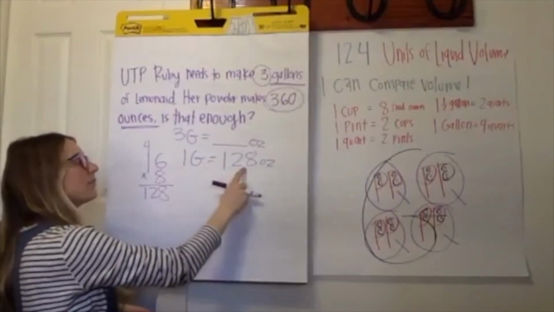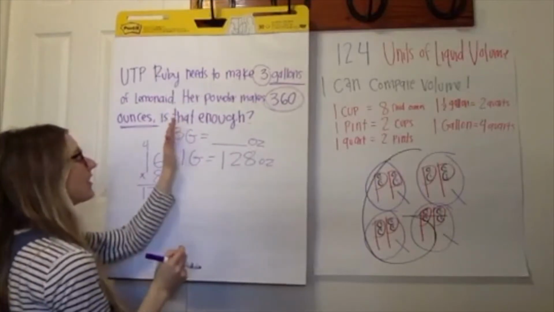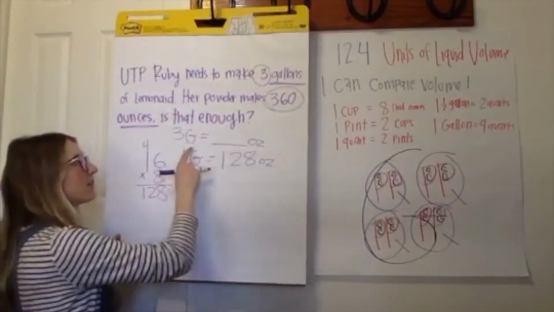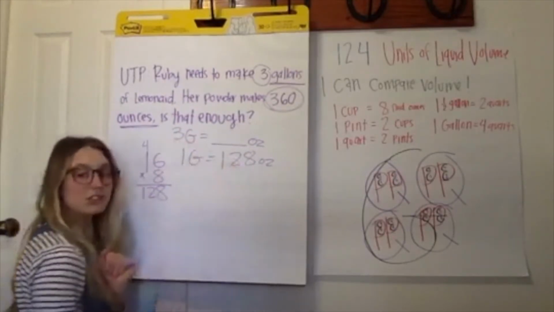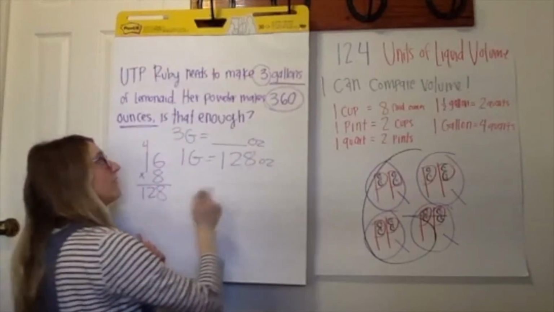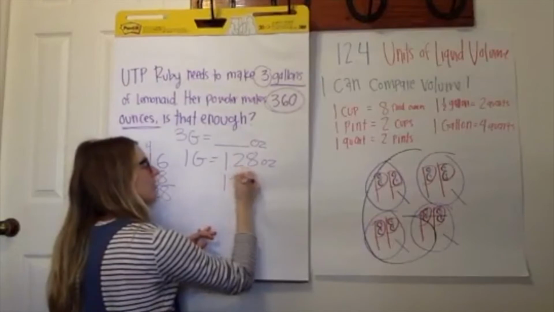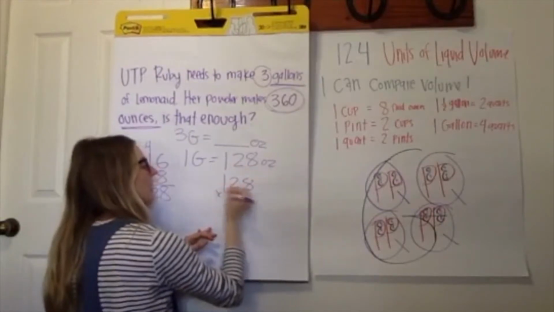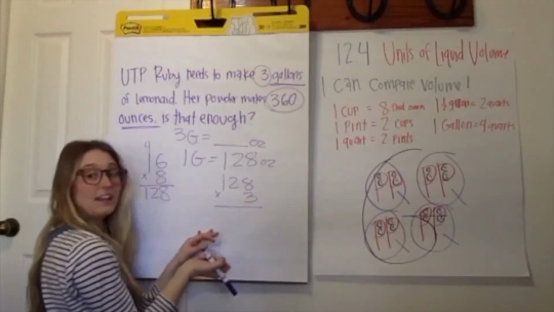So we need to figure out, if 1 gallon equals 128 ounces, how many ounces are in 3 gallons? So we just had to take our 3 and multiply it, because remember when we go from big to small, we multiply. 3 times our 128, and that's how many ounces we'll have to see if we have enough to make the 3 gallons of lemonade. So we do 128 times 3. 8 times 3 is 24.